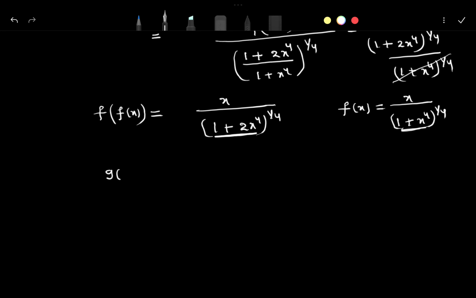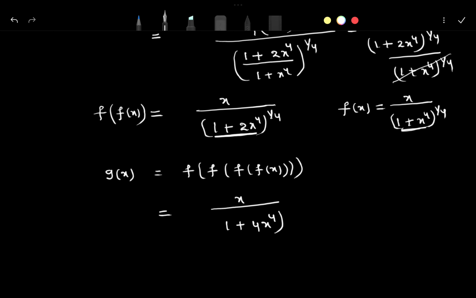You can write that g of x will be equal to f of f of f of f of x. So this value will be x divided by 1 plus, so when f is 2 times, you have 1 plus 2 into x power 4. So this one you can write as (1 plus 4 into x to the power of 4) whole to the power of 1 by 4. So you got it that the g of x value will be equal to this one.